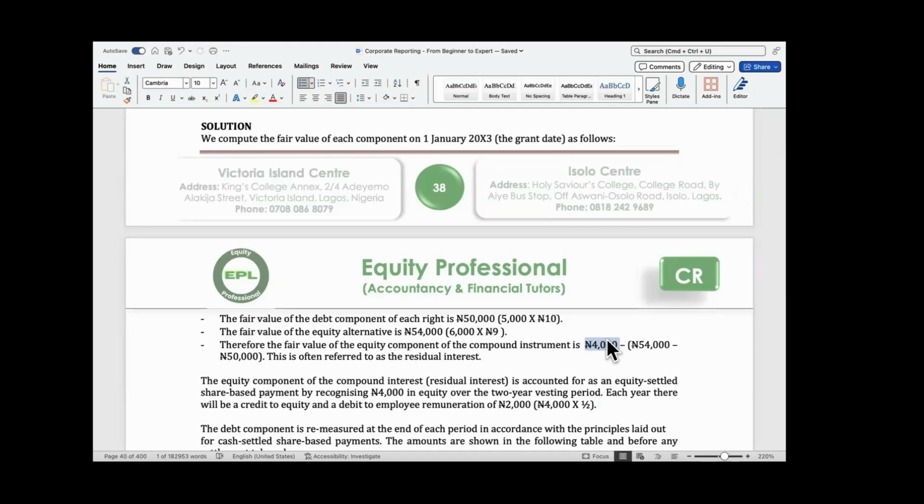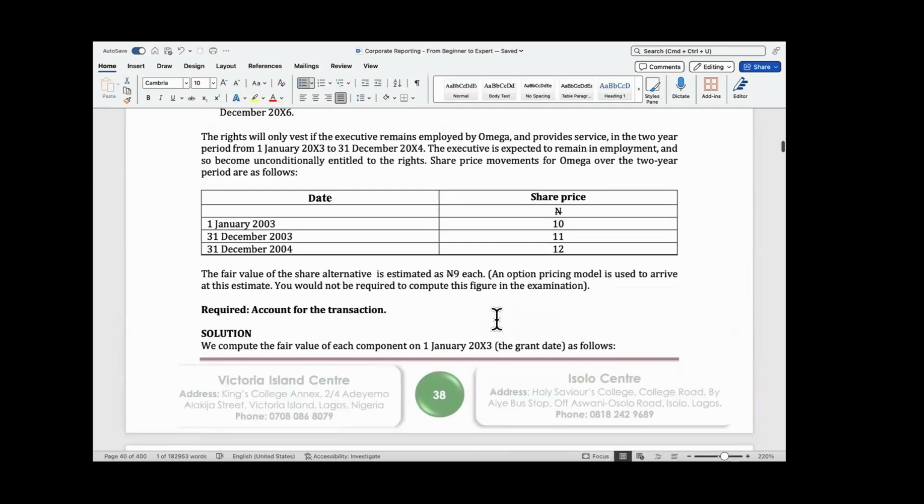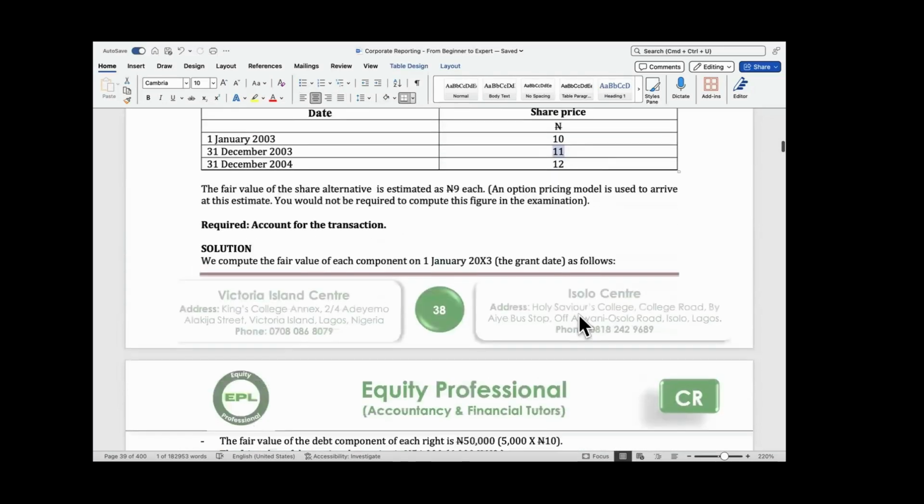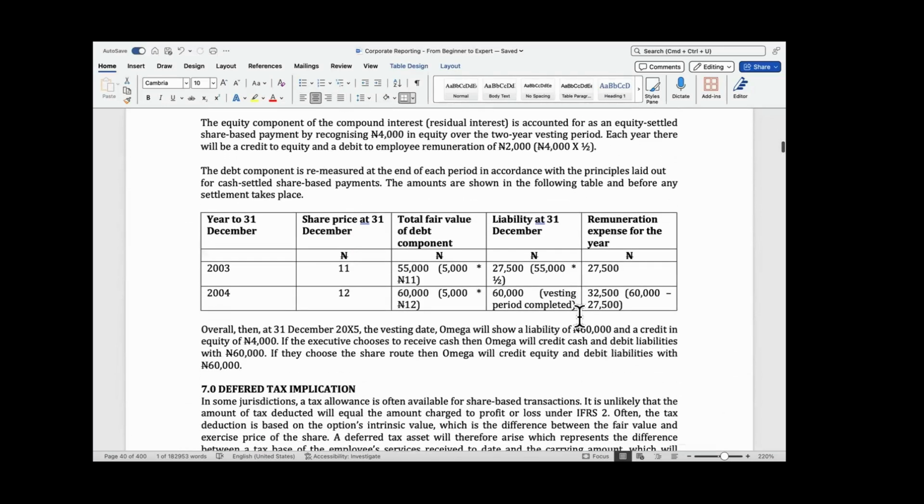That's the equity settled. For the debt, this value is at the beginning of the year. However, don't forget, for cash settled, we remeasure it at the end of each year using the fair value at the end of that year. So at the end of 2003, in 2003, the share price is now 11 naira.